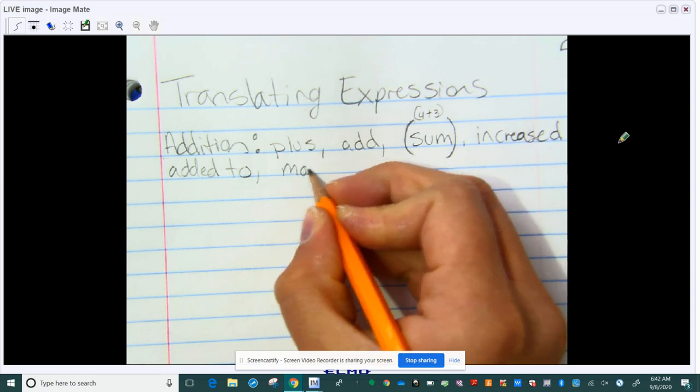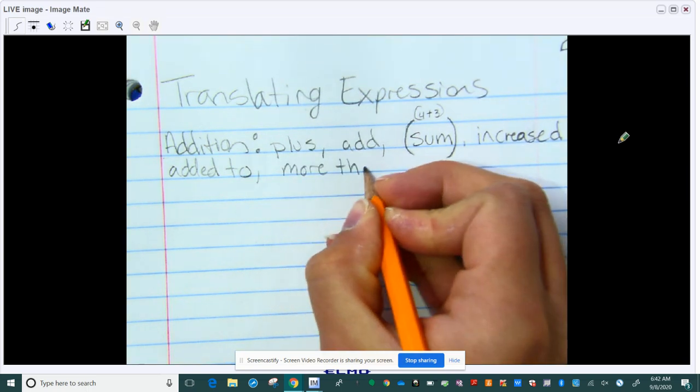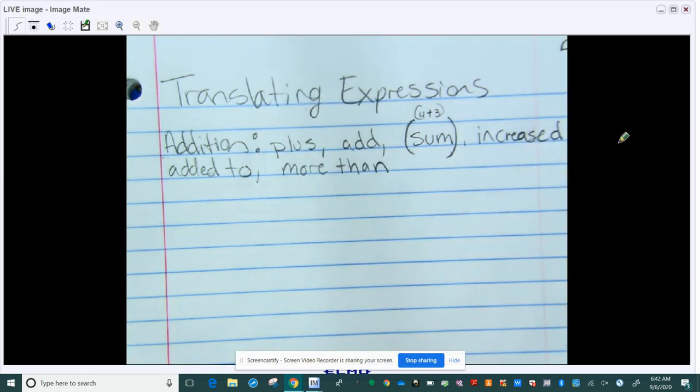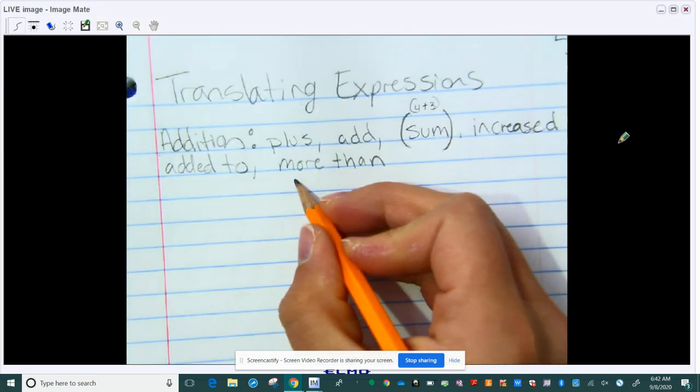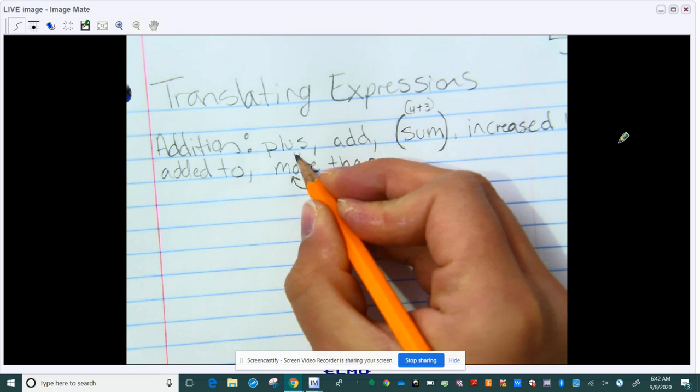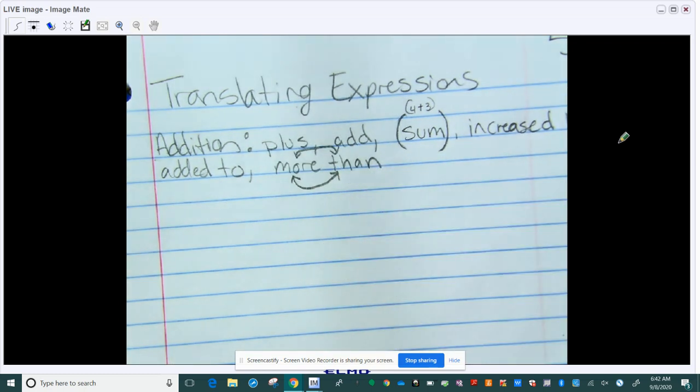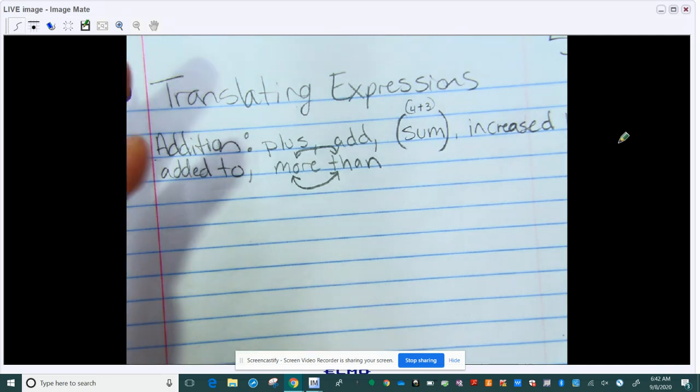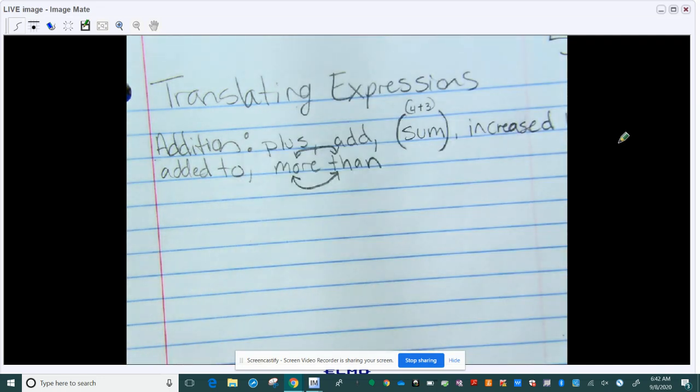If we have more than, fewer than, less than, it flips it. So really be careful if you see a than in there. So I'm going to draw arrows so you understand you have to switch those because it's implying that it's more than the original one, which would go first. So you switch your units.